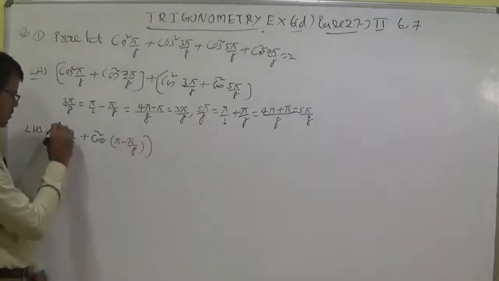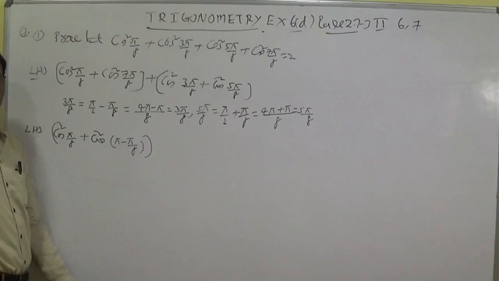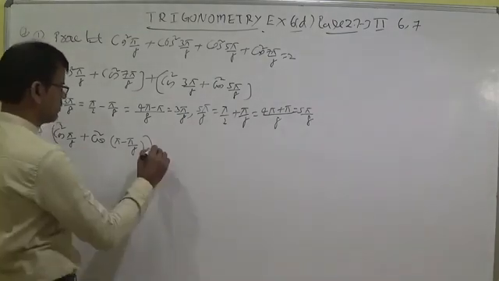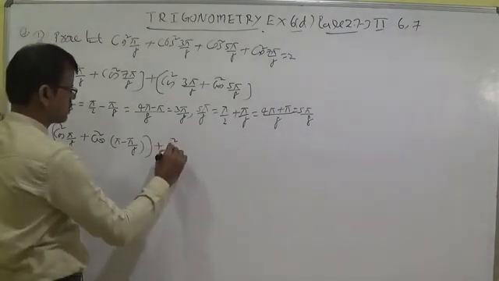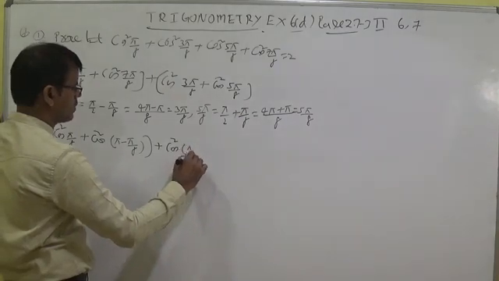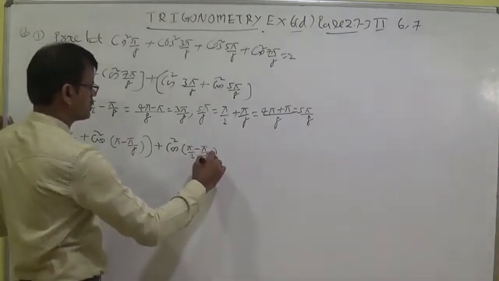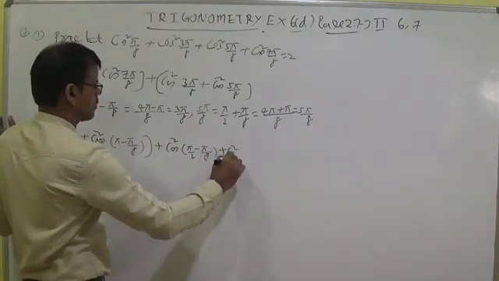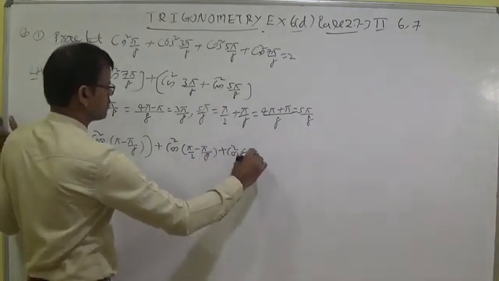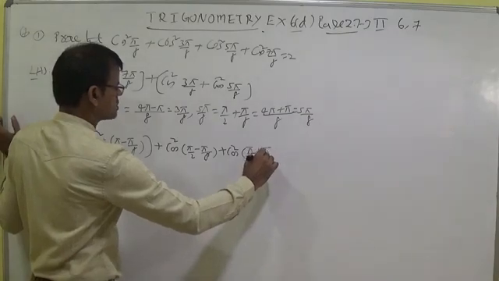This is also I am converting, of course 8 pi minus pi becomes 7 pi by 8. Next, cos square 3 pi by 8 can be written as pi by 2 minus pi by 8, and plus cos square, this can be written as pi by 2 plus pi by 8.